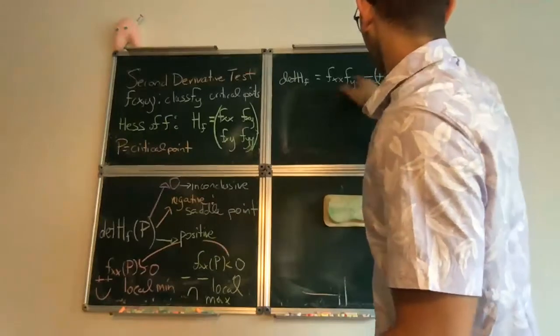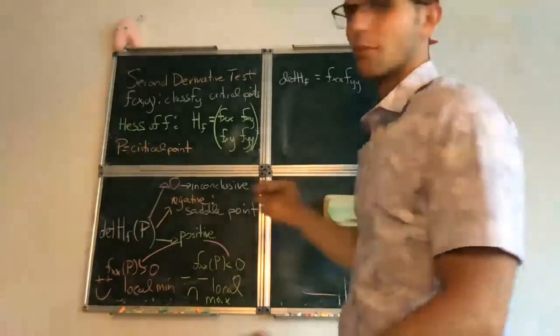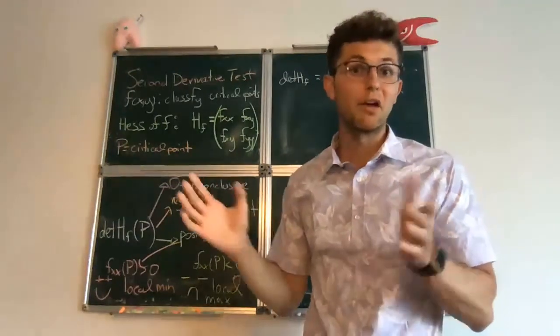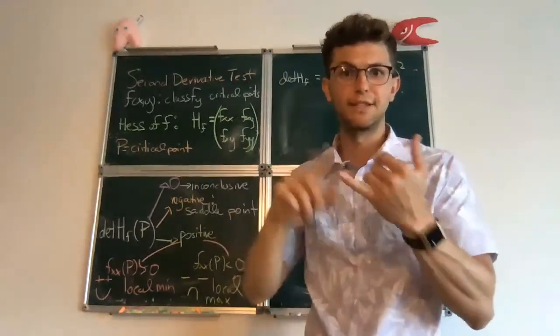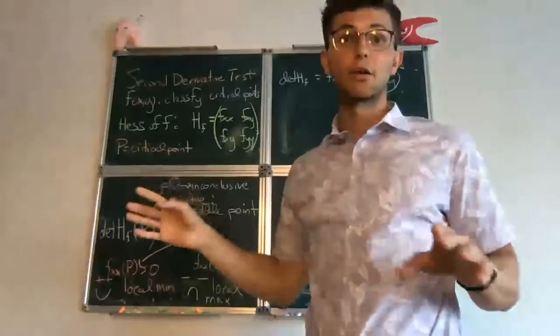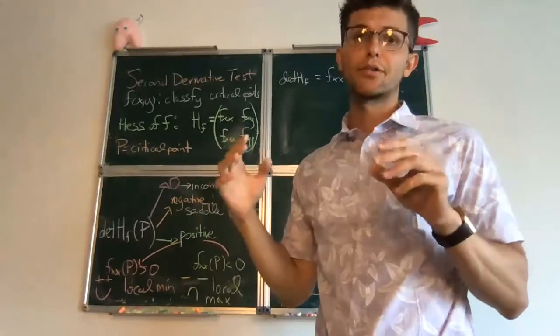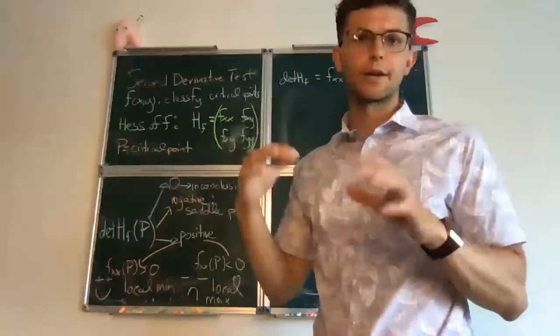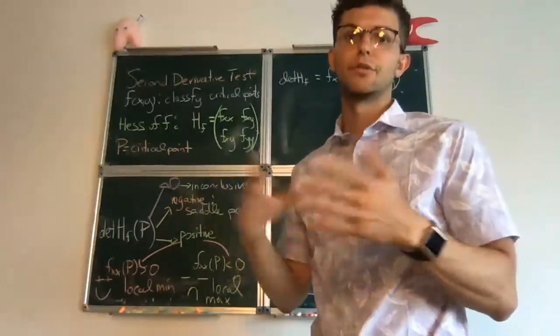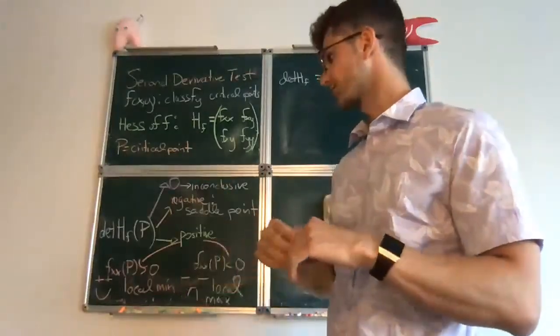You evaluate it at the critical point. That yields a number. A number can only be one of three things: 0, positive, or negative. If it's 0, the test is inconclusive. This is the analog of the second partial derivative being 0 at a critical point for a function of one variable. You could not say anything else that was interesting with this test.